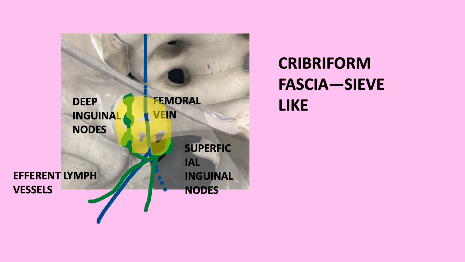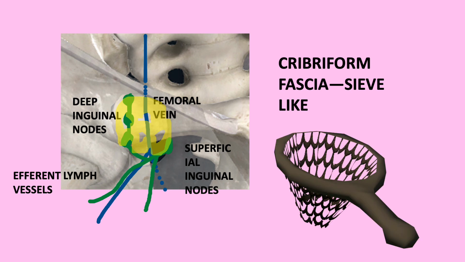As you know, it has holes in it, holes within the fascia to allow the vessels to pass through. So the cribriform fascia is a sieve-like fascia with holes within it. These holes allow the vessels to pass through it, such as your efferent lymph vessels and your great saphenous vein.